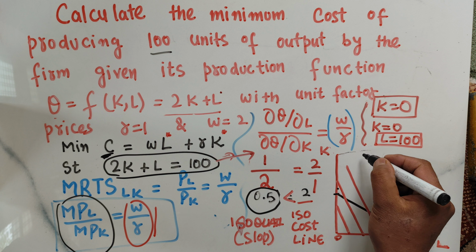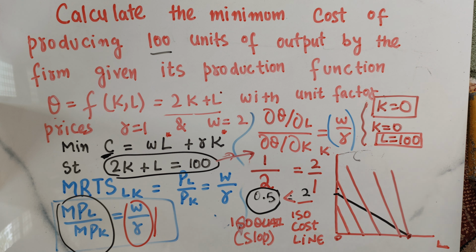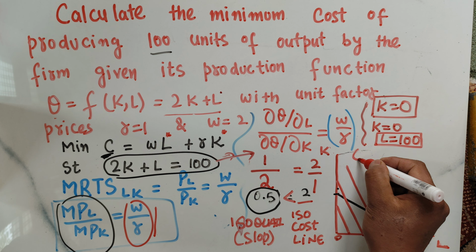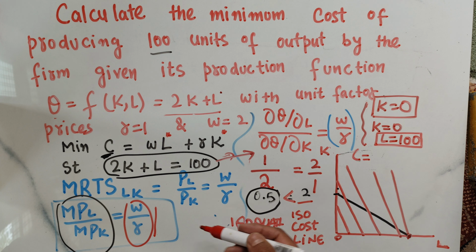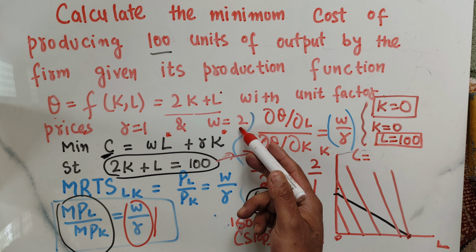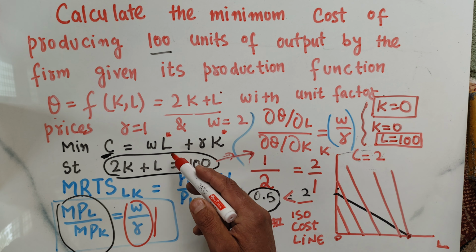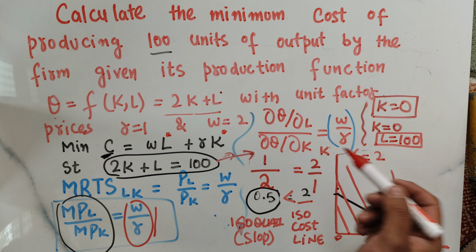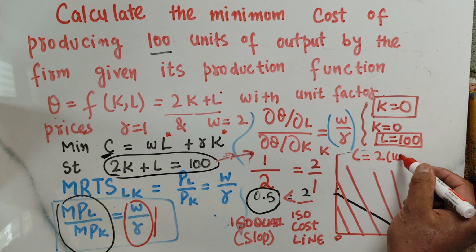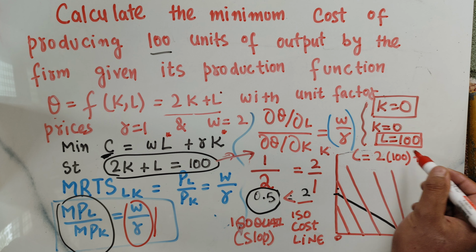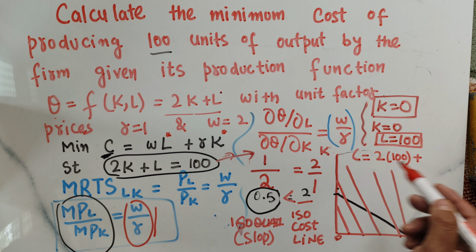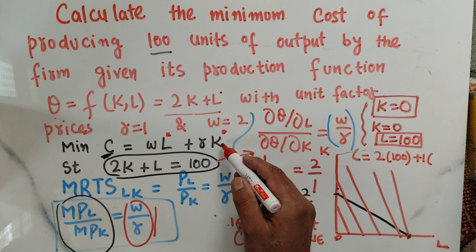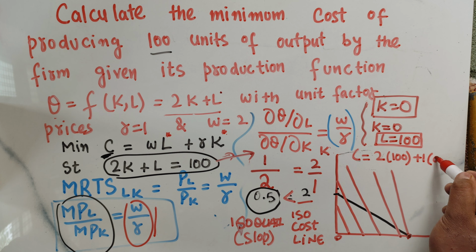Now what will be the minimum cost? Let us find out. The minimum cost will be C equal to W times L plus R times K. W is given as 2, so we have 2 times the units of labor that we found as 100, plus R is 1 times units of capital employed, which is 0.